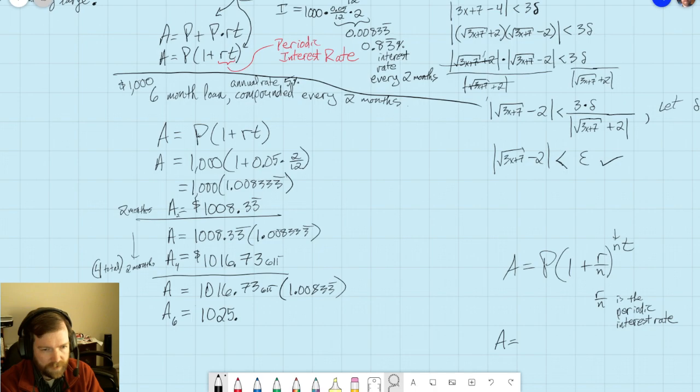$1,025 and 20.8911 cents multiplied on there at the bottom. This may not exactly be correct because my calculator might have been rounding in a weird place, yeah, floating point. Okay. 1 plus 0.05 over 12 times 2.